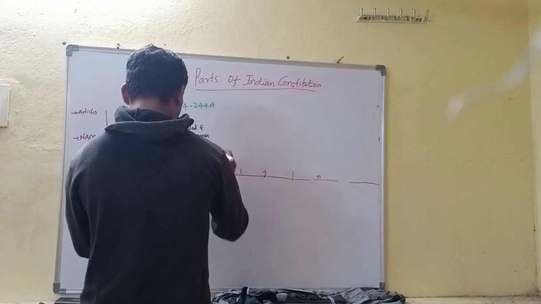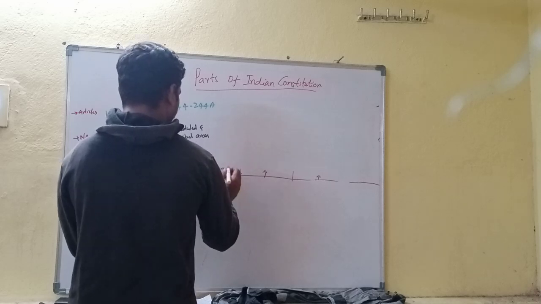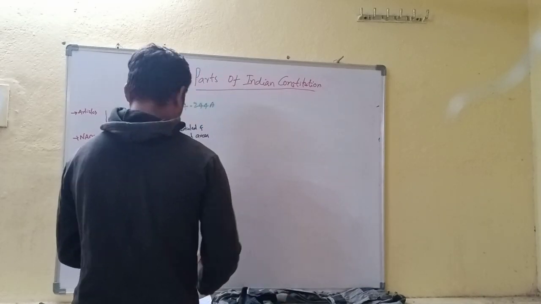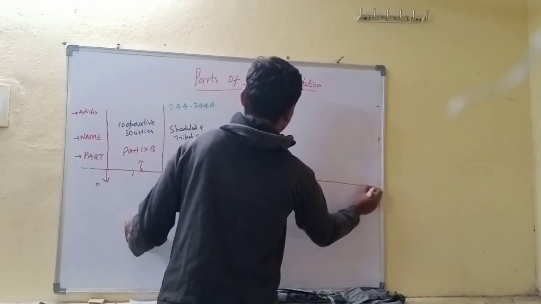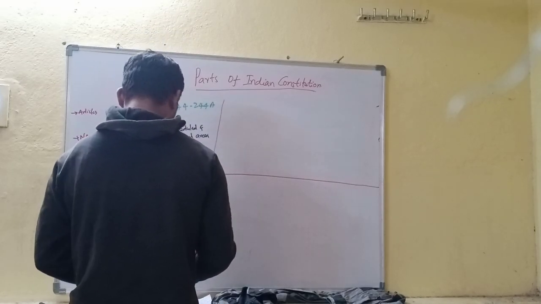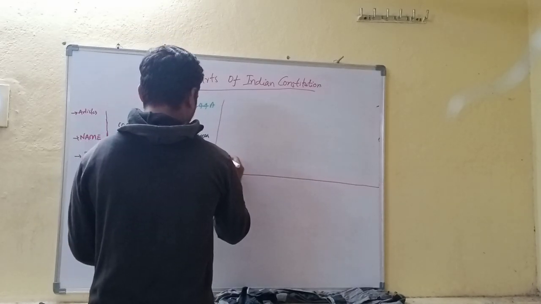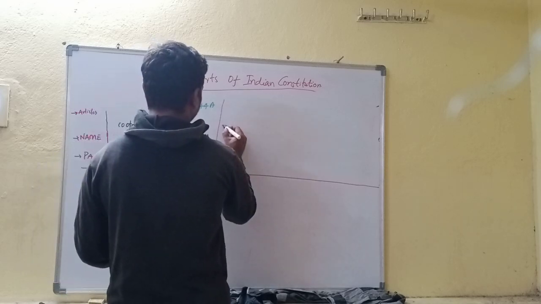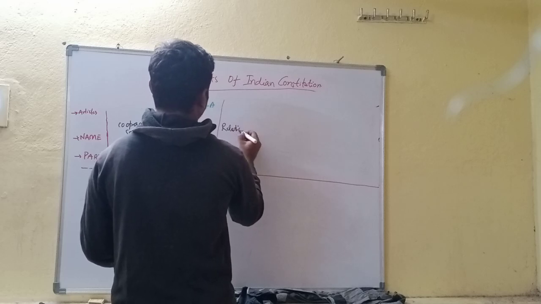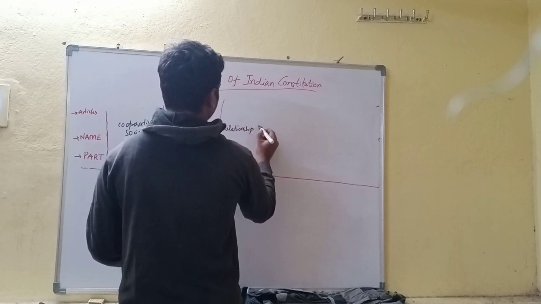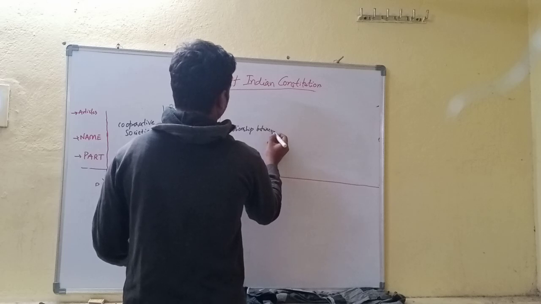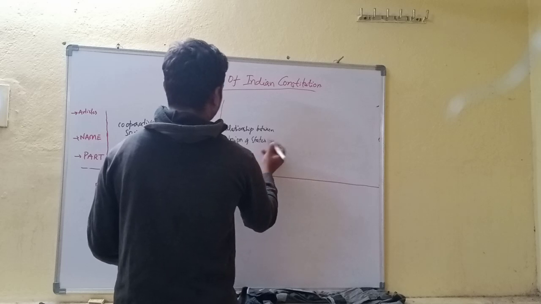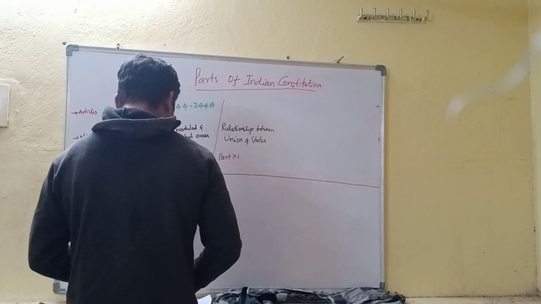Next part is about the relationship between the Union and states. That is Part 11. Relationship between the Union and states. Articles 245 to 263.